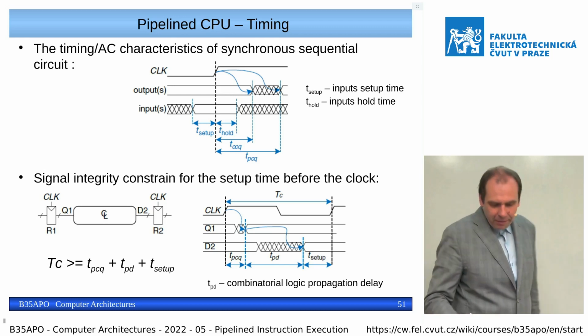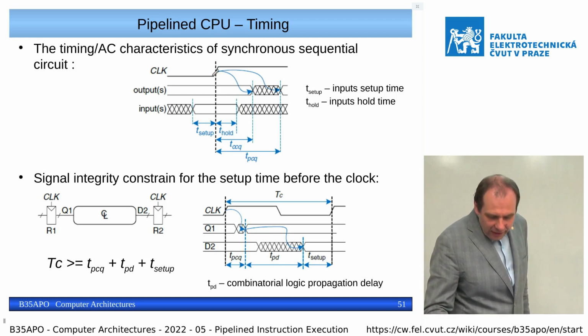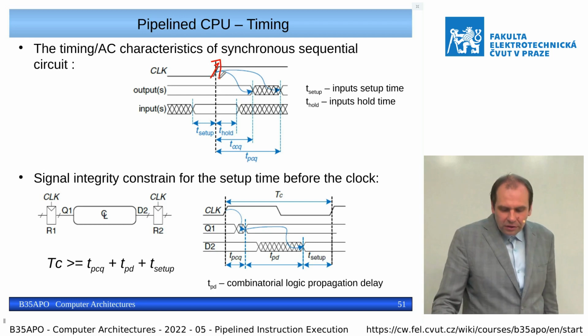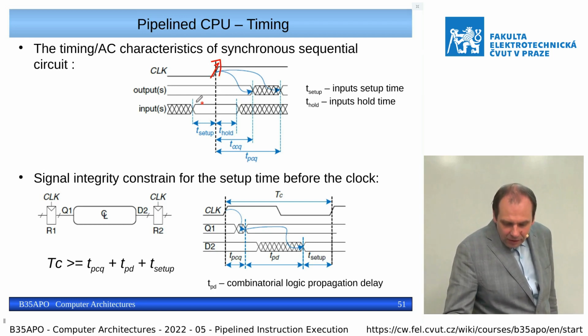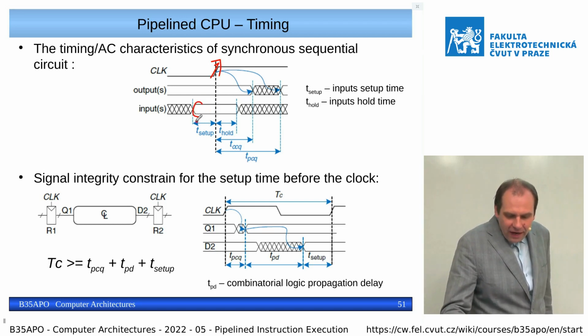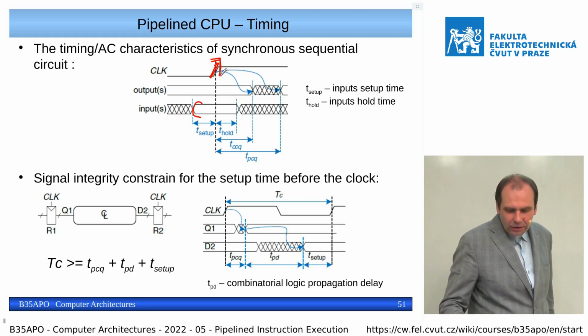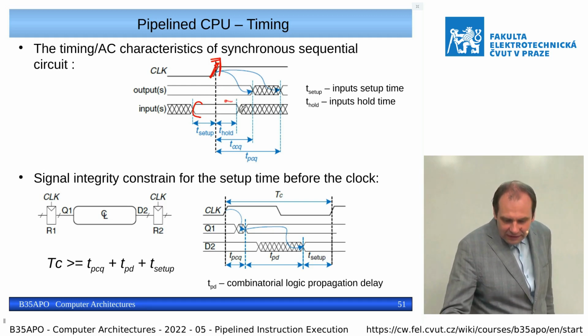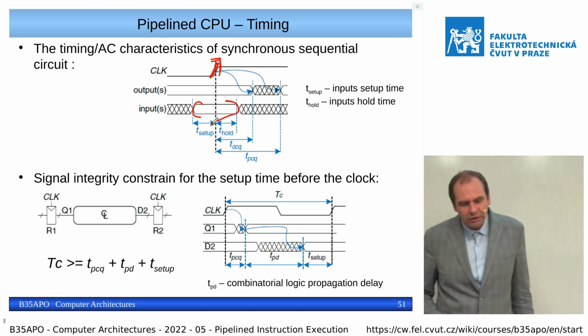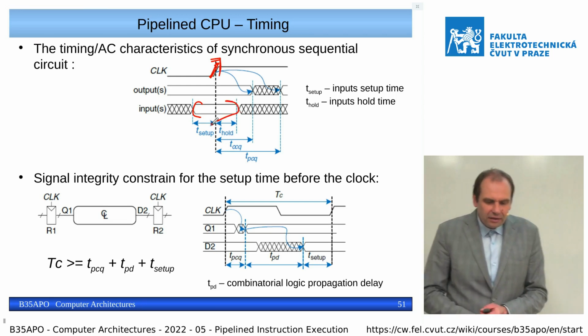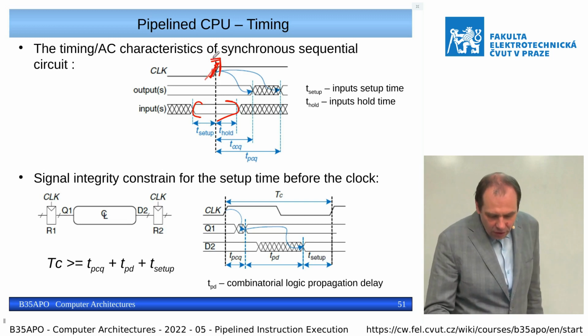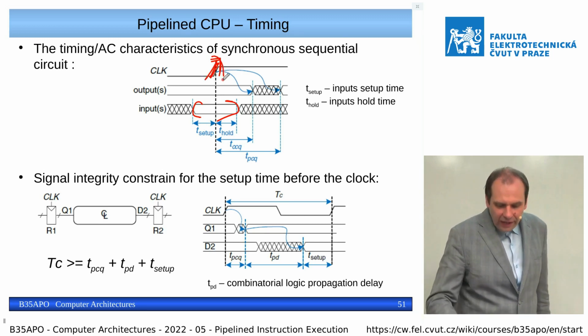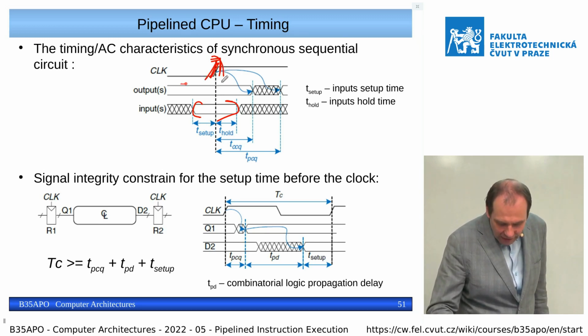But what can happen? To remember the correct value, the value has to be available in advance with some setup time before the clock event, and it is necessary to have a short hold time again after the clock event to capture the correct data.